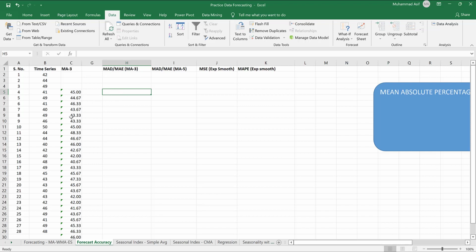Negative values appear when forecast is larger than time series, but we are not interested in those negative values because we are only interested in knowing how far they are.